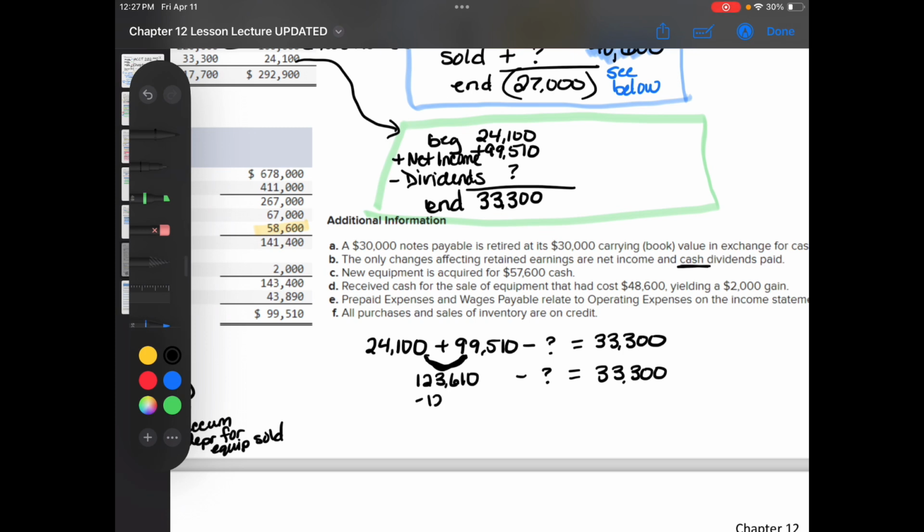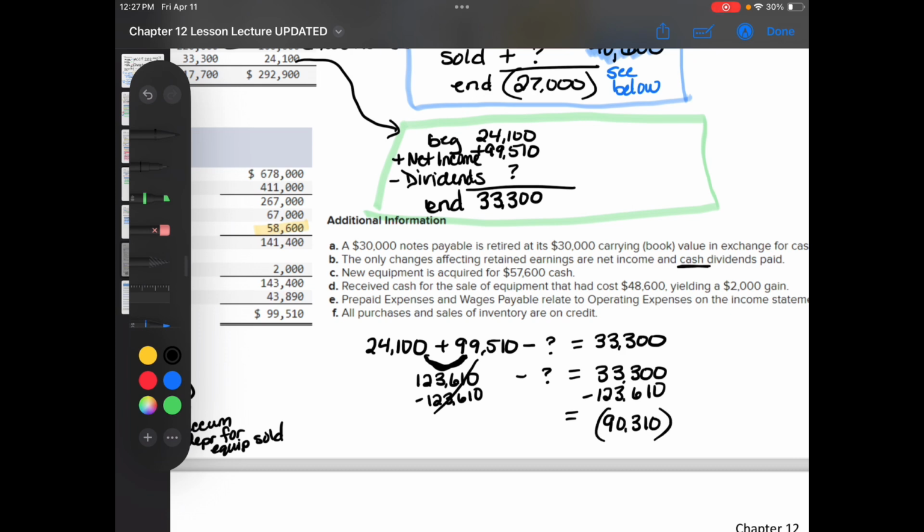And I need to cancel it out. So I need to subtract it from this side. So if I'm going to cancel it out there, when I subtract it, I need to also subtract from the other side, right? Whatever you do to one side, you've got to do to the other. So in the end, I end up with a negative $90,310. I'll show that as negative so it's easier to see.